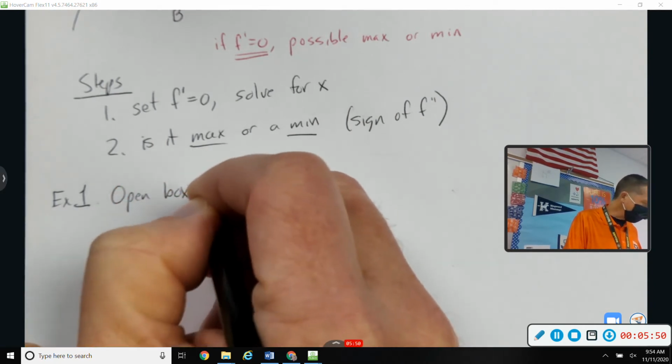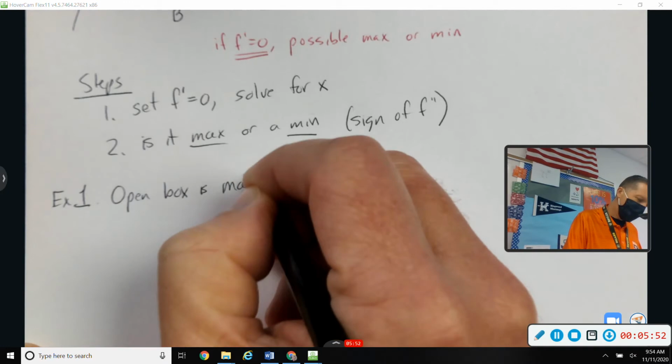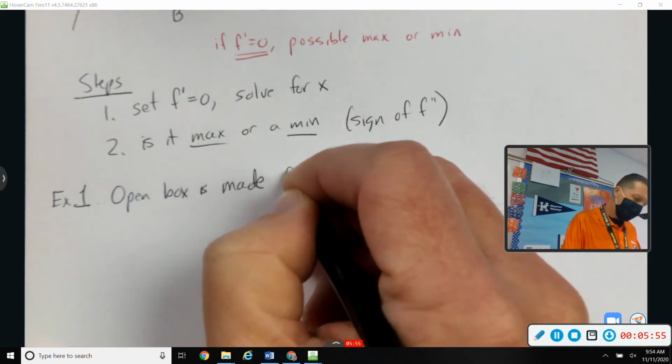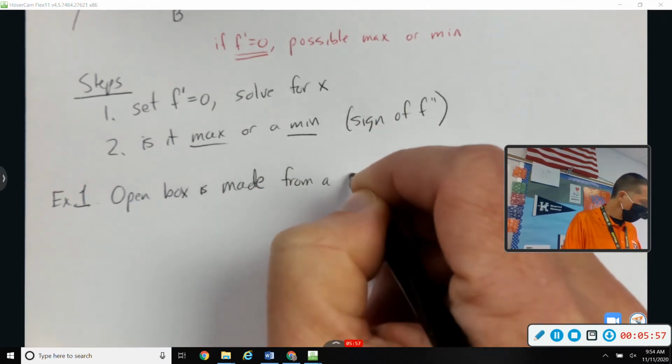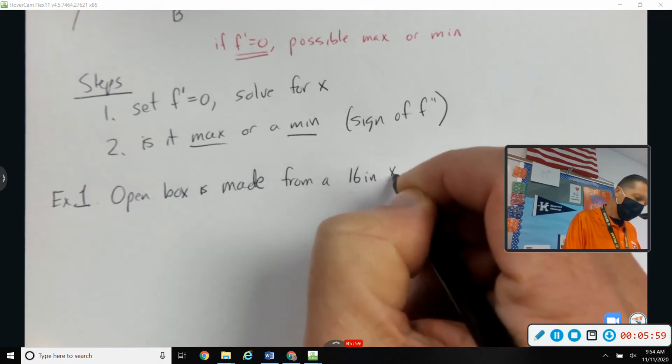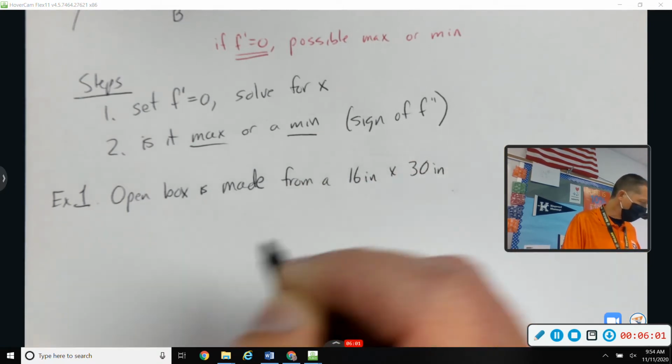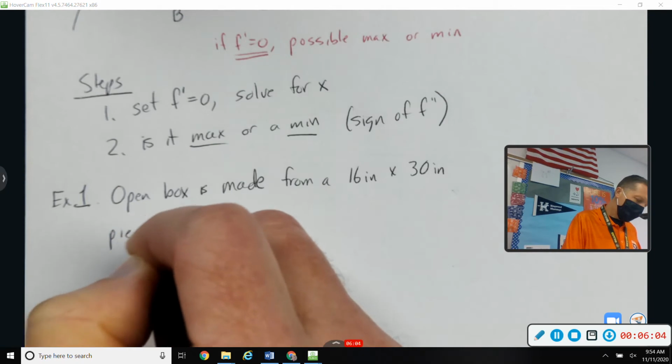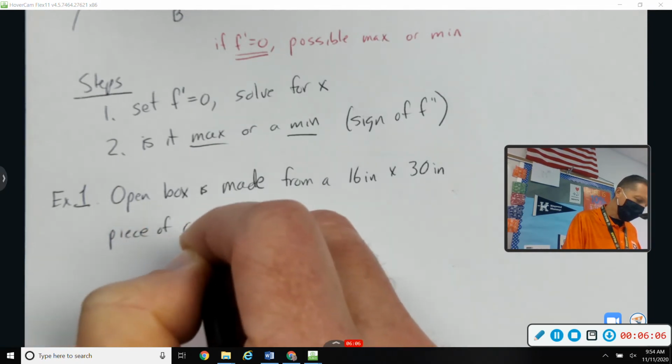An open box is made from a 16-inch by 30-inch piece of cardboard.